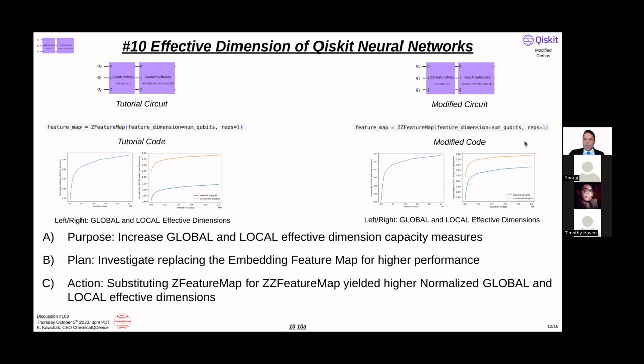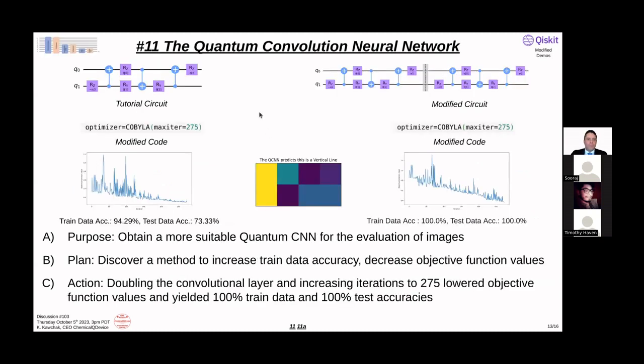So you can get higher with these, but a lot of times you're trying to get 100% on different types of graphs, still trying to get the maximum effective dimension. A lot of these concepts, in Qiskit and from other researchers too, are such that you go through this and find that if we do this, it may correlate to overfitting, which is not desired in machine learning for this specific one.